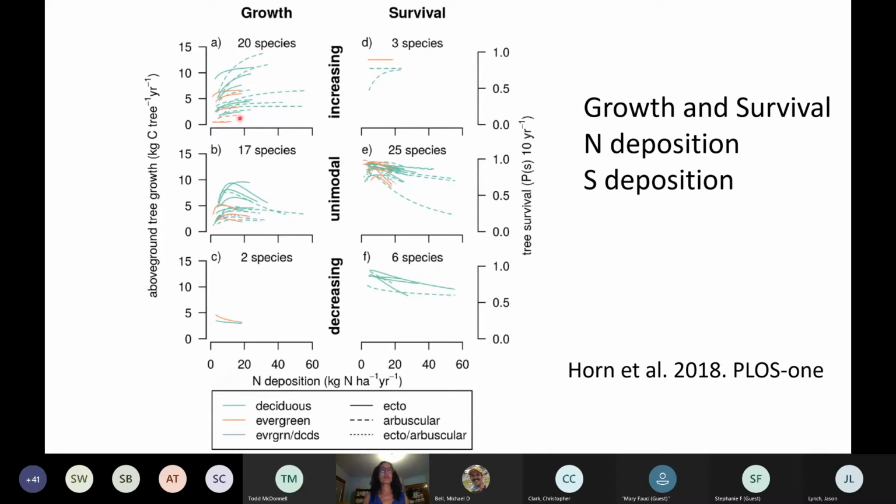There are increasing curves, there are curves that have a hump shape, and there are decreasing curves. If the response was flat, there was no response to N deposition, or I'm just going to talk about N now, but you can extrapolate to sulfur. So we weren't able to set a critical load. So you might hear the phrase Horn species, and that refers to the species for which we were able to develop critical loads.